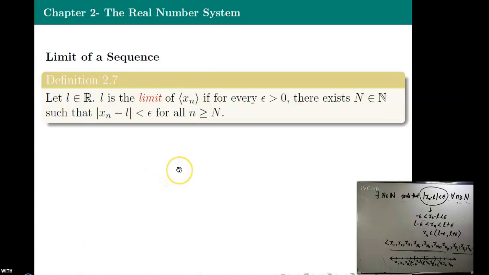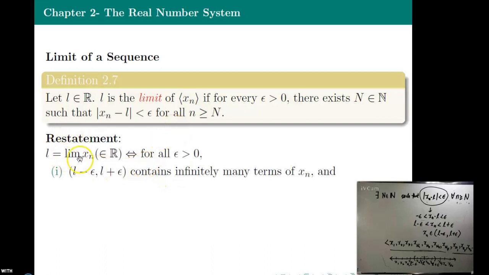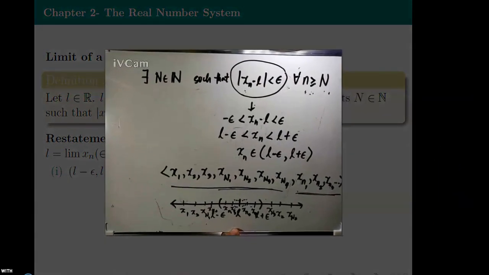And we have a restatement of this. L is the limit of the sequence if and only if, for all epsilon greater than 0, we have our open interval, as what I have illustrated a while ago.